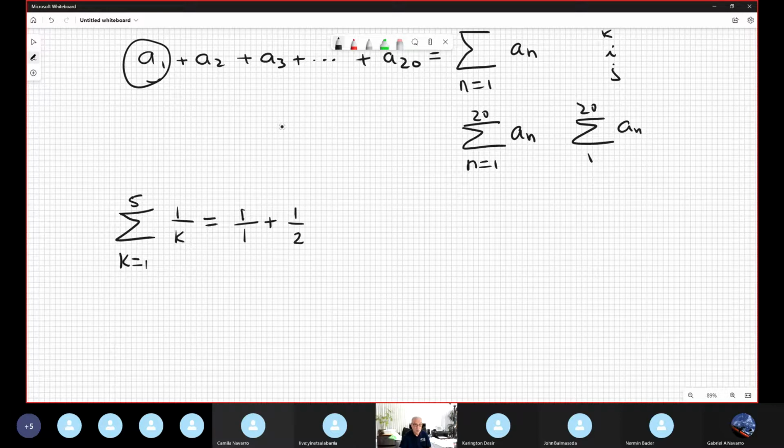Then 1 over 2, 1 over 3, 1 over 4, and 1 over 5. Done. Here's the answer. And this is the idea. Basically what we're doing is expanding summation notation.